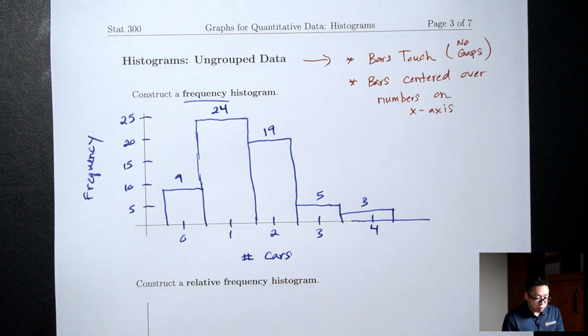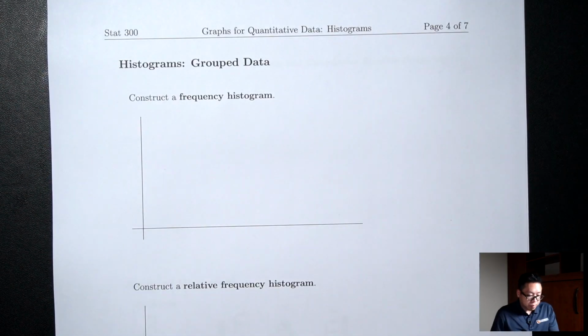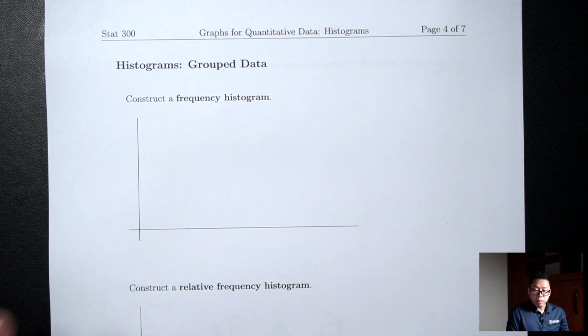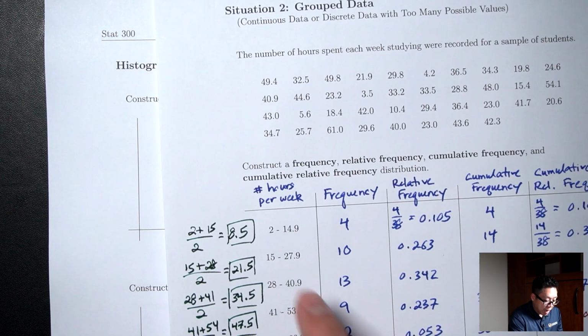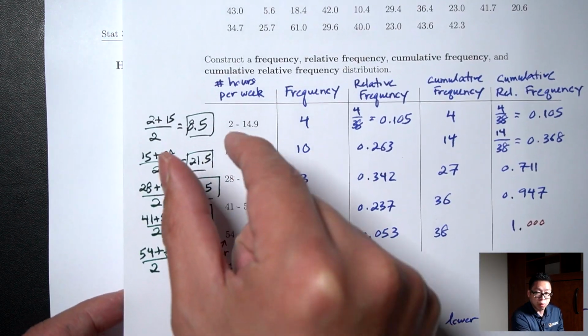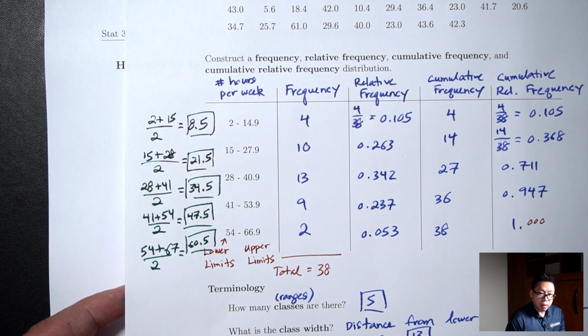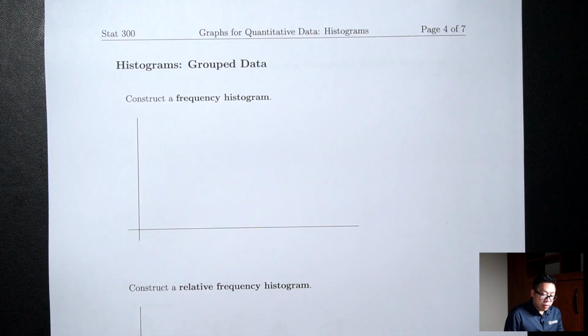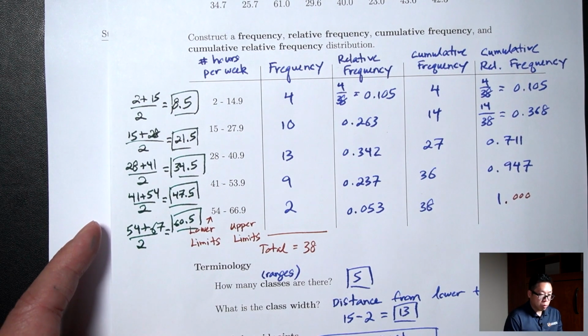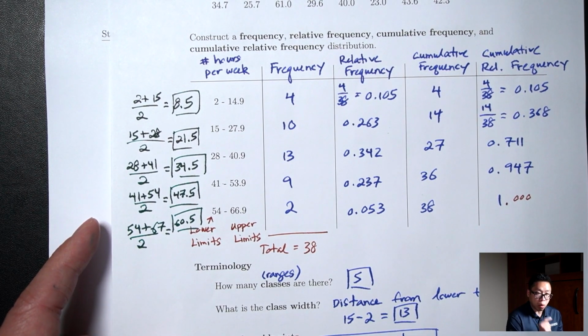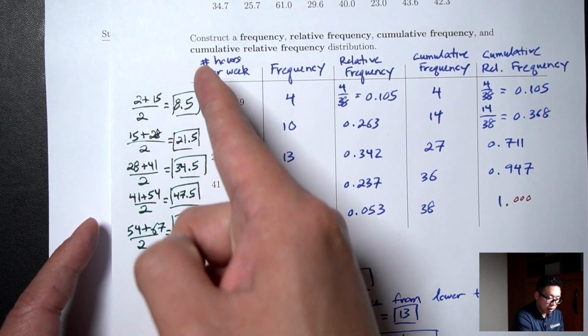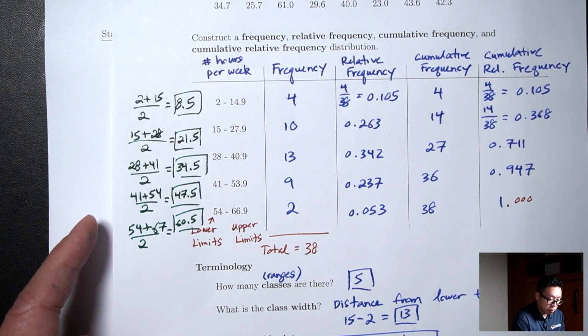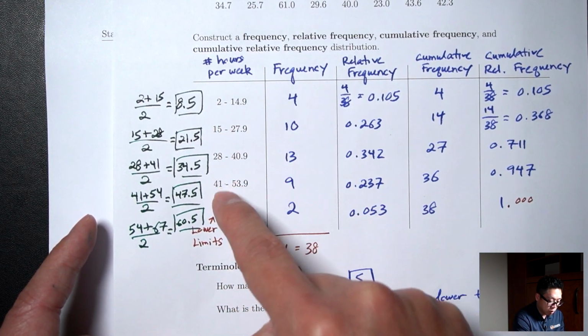Now let me skip over to the grouped data situation and let me show you what's different. Okay, grouped data situation, this was our situation where we had to break up the data into ranges here. Okay, so when you have to break up the data into ranges, what you're going to put on the x-axis are the lower limits, which are the lower number in each range. So we're going to put 2, 15, 28, 41, 54.